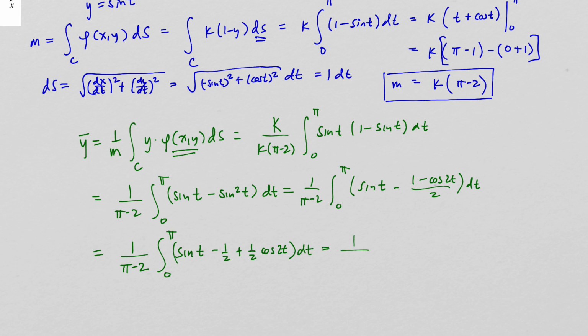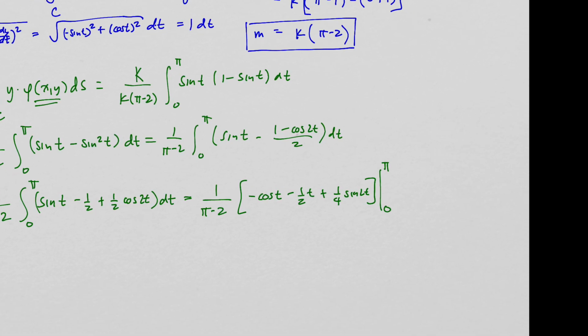And now we'll go ahead and take the antiderivative of all of these things. So we're going to have negative cosine of t minus 1/2 times t plus 1/2 times 1/2, which is 1/4 sine of 2t from 0 to pi. And now we'll just go ahead and plug in. So when we plug in pi, negative cosine of pi is going to be positive 1. And then we have minus pi over 2.